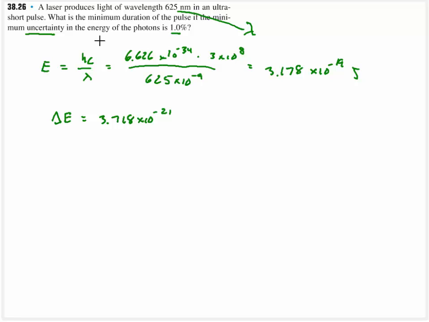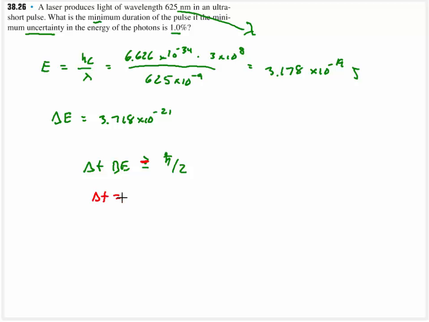And actually I'm looking for the minimum duration, and I do know that delta T, delta E has to be greater than or equal to h bar over 2. Since I'm looking for the minimum, I'm going to set it equal to.